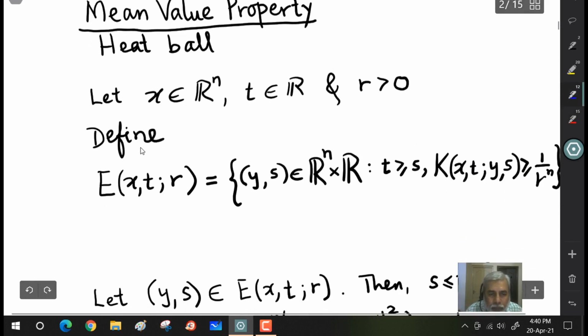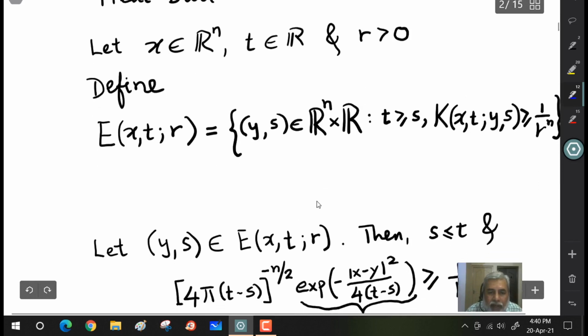So just fix an element x in Rn and t a real number, so it need not be positive, and r is positive. Then define this set E(x,t,r).